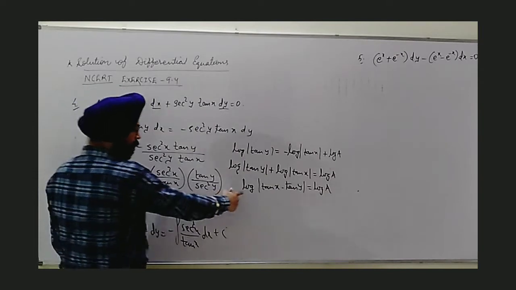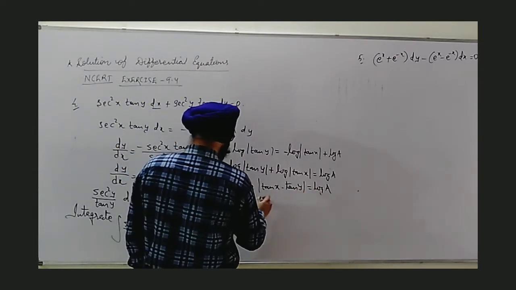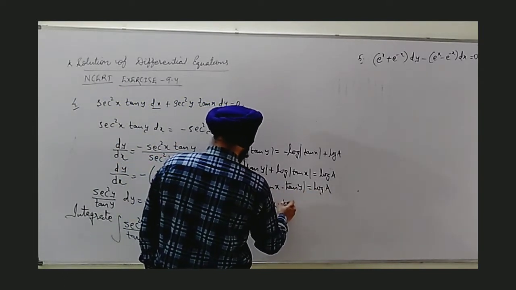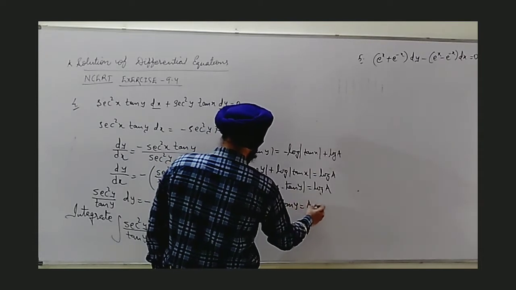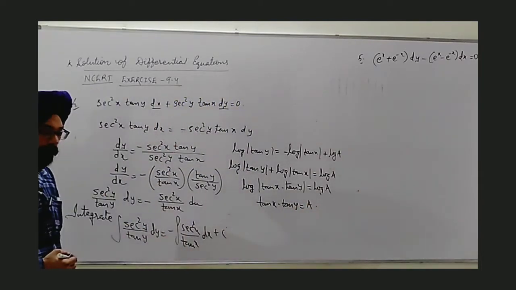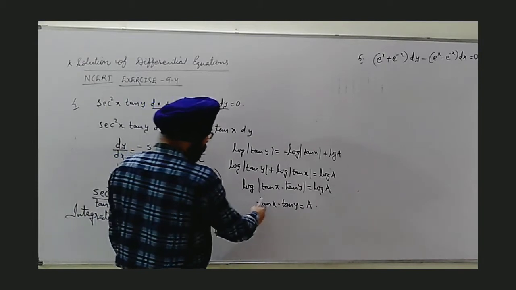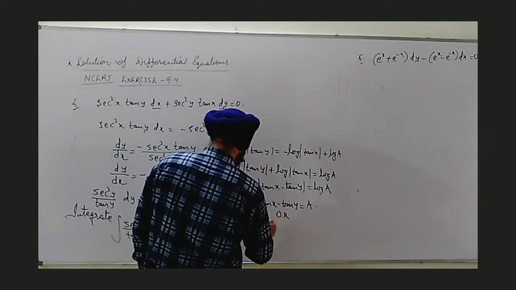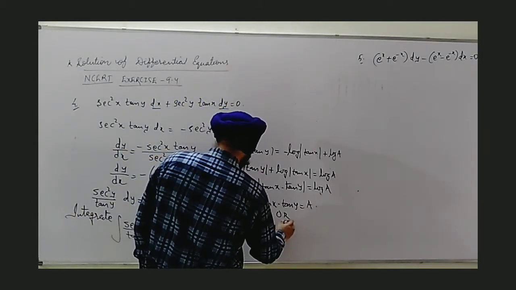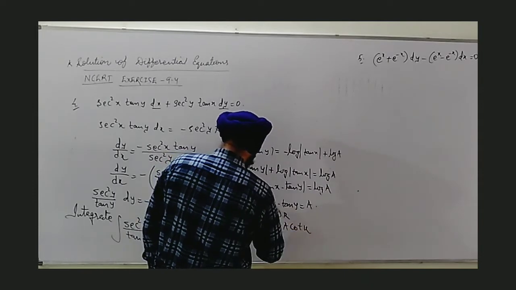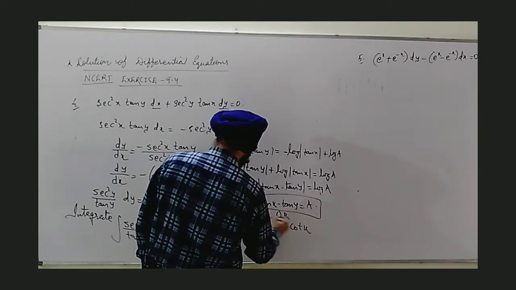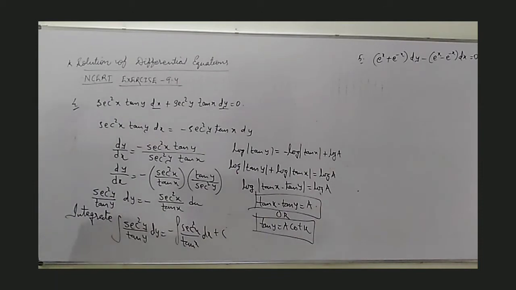Yes, by comparison, these two can be eliminated. We are left with tan x tan y equal to a. Okay. Now, either you write this way or the solution can be written as tan y equal to a cot x also. Both of them can be considered, no problem. The final answer. But still we are finding the general solution.